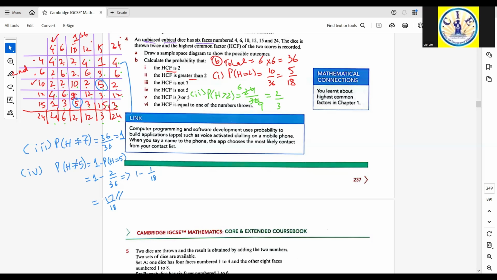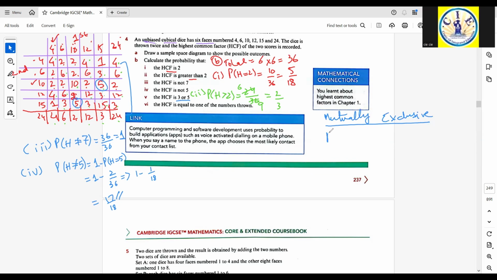Okay. The HCF is 3 or 5. Now these are mutually exclusive events. What are mutually exclusive events? The events which cannot occur both at the same time.